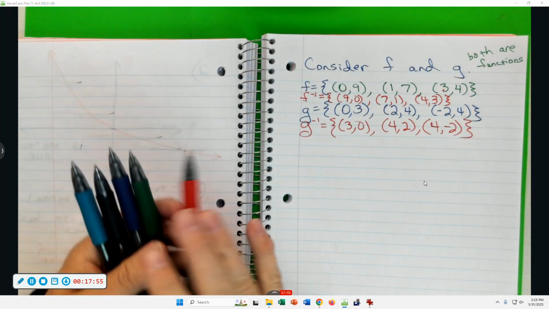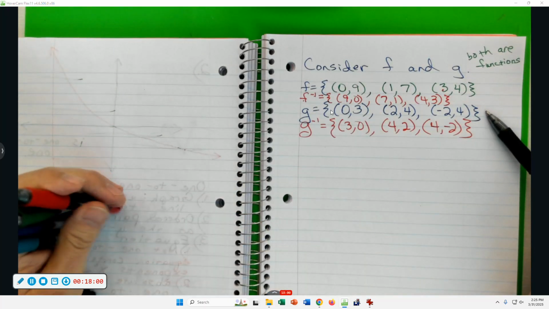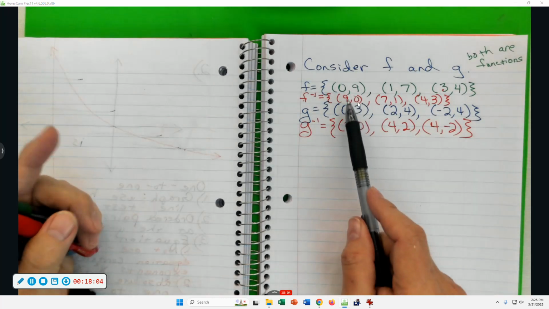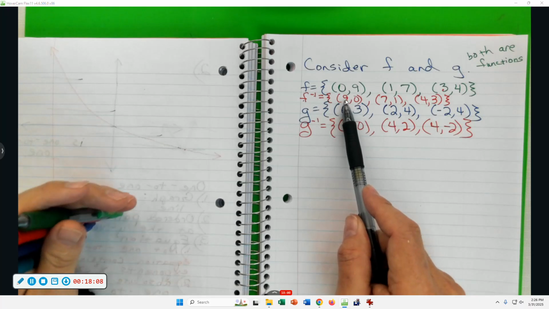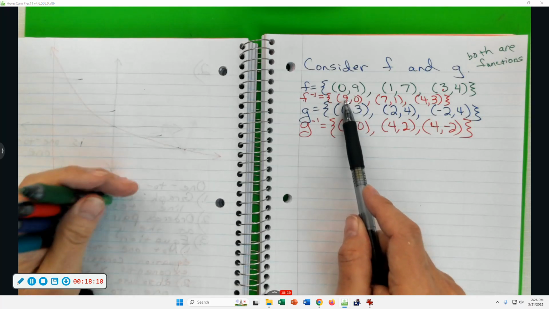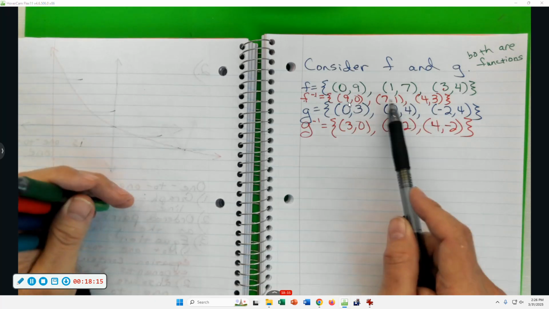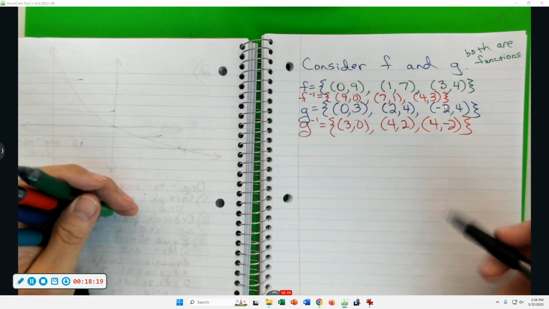We started off with two functions. f is a function, g is a function. We formed their inverses. Look at the inverse. Is there repetition among the x values for f inverse? 9, 7, and 4. No, there's no repetition, so f is a function and f inverse is a function.